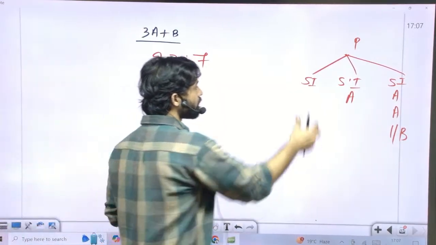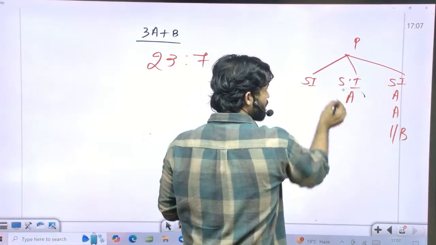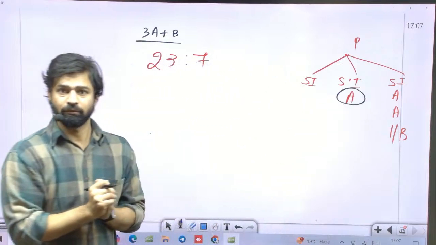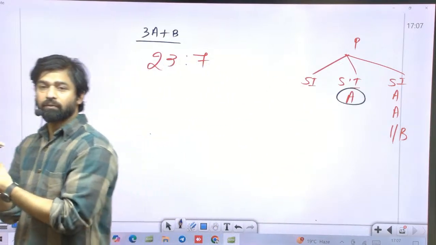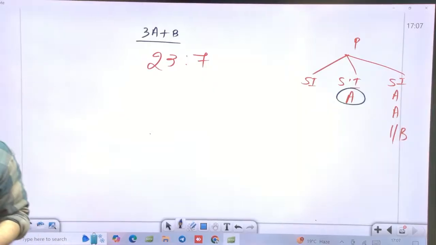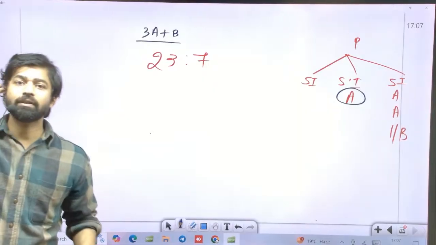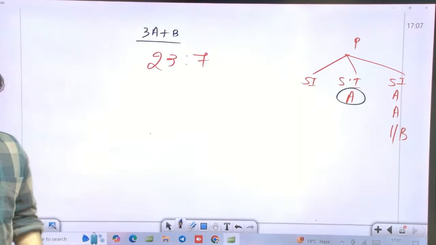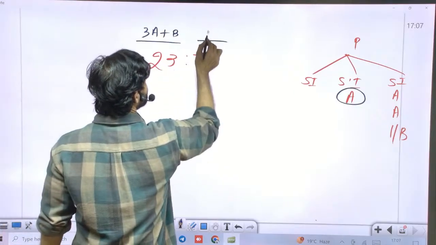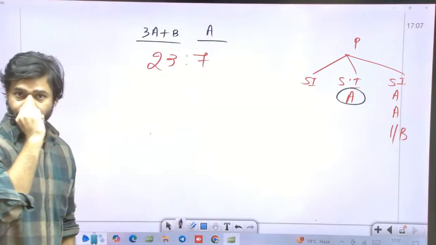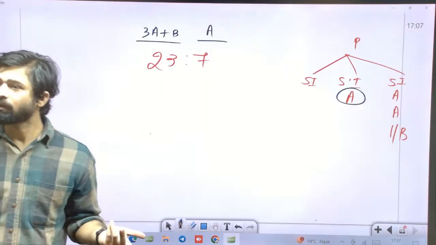What is the difference here? The difference is A only for 2 years. So this is the value of A. It's done now.